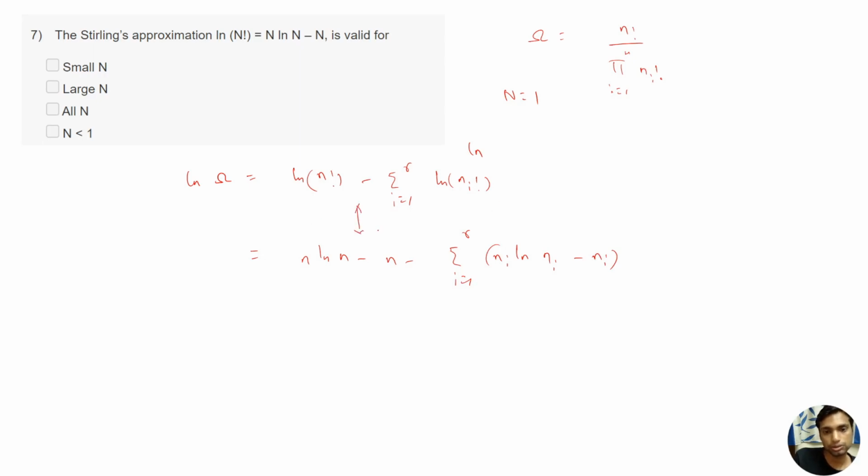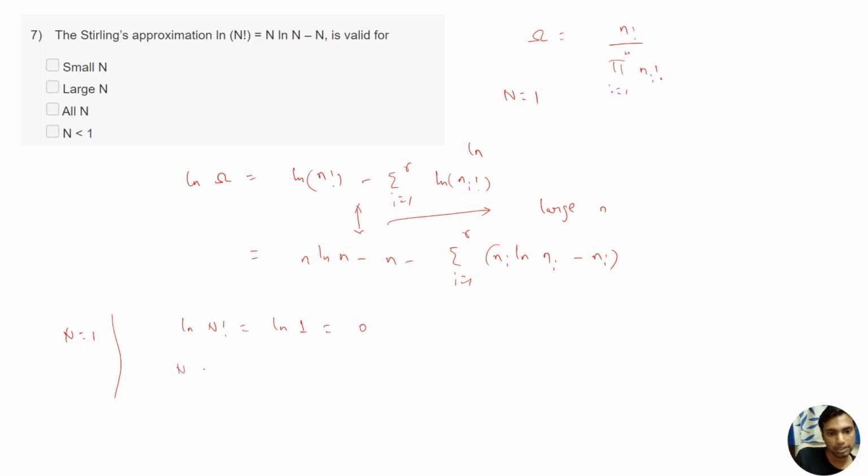So this is valid for large n. But try to put n equal to 1, is it valid or not? For n equal to 1, ln n factorial is ln 1, 1 factorial is 1, and log of 1 is 0.